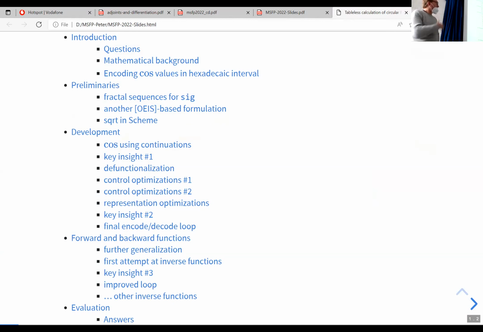I will then proceed with a development of an algorithm that culminates in a nice implementation of inverse trigonometric functions that are actually competitive a little bit with what other people have implemented in mathematical libraries to some degree, and some performance evaluation at the end.